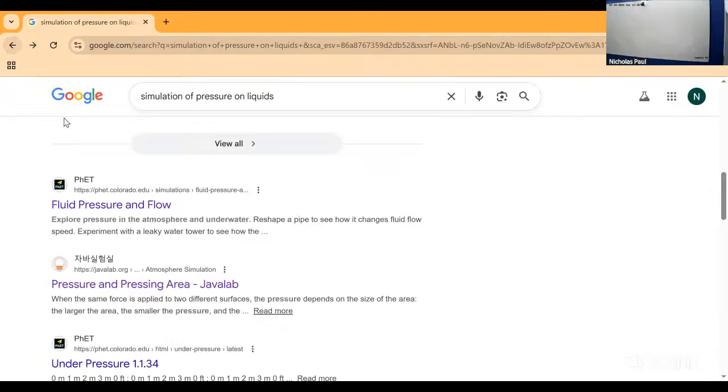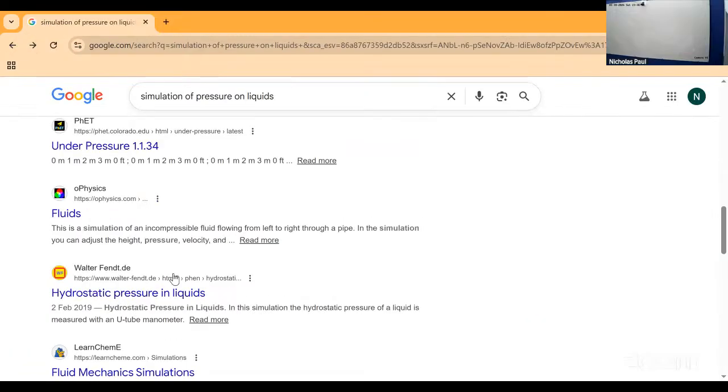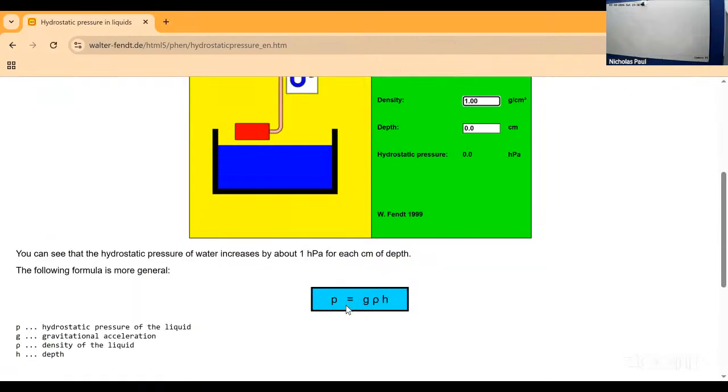You all may have seen it already where they have 4 holes in a container. Just hydraulic pressure.